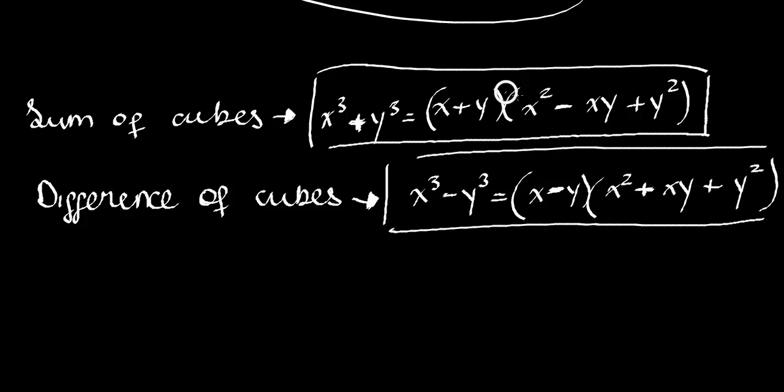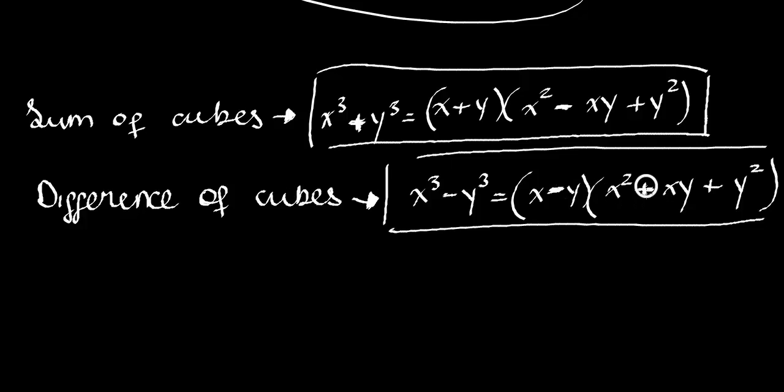Everything stays the same, just the minus and the plus. For the sum, you might be thinking everything's positive, but it's just after the first term in your bigger bracket, you think the opposite of sum, which is negative. So I always do that.